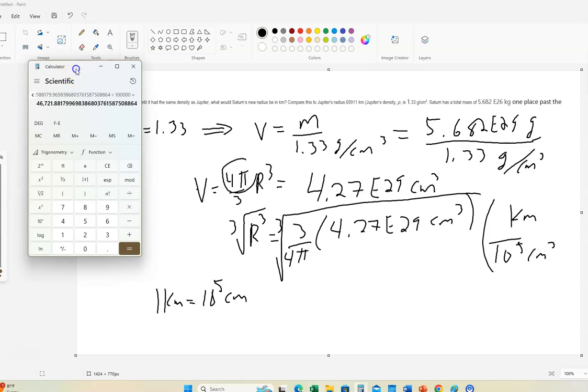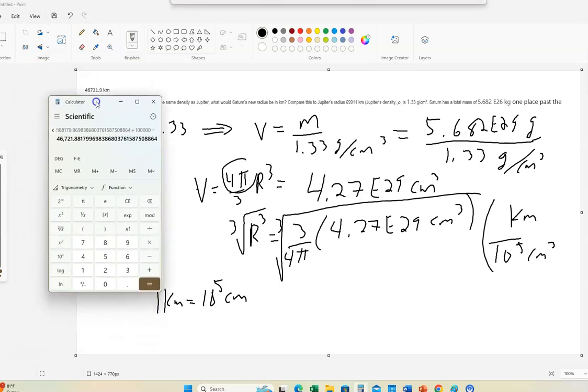Notice that's the number that I got right there. So the answer turns out to be 46,721 point, well, it's 0.88, but I'm rounding one place past the decimal. So I guess I should write it down.